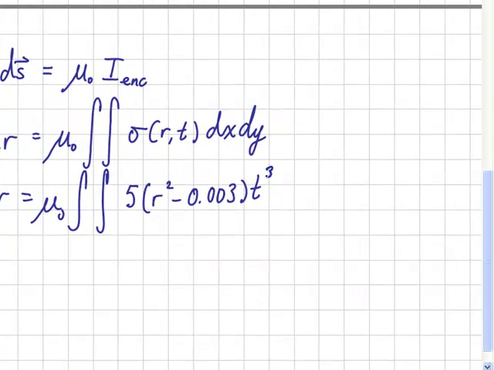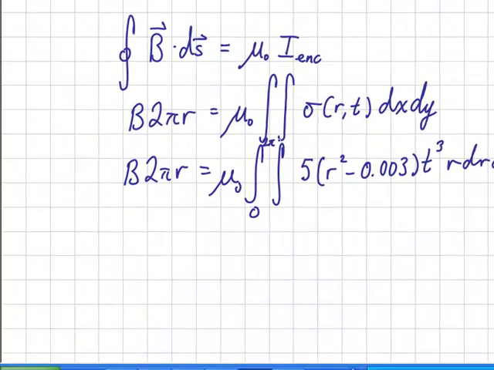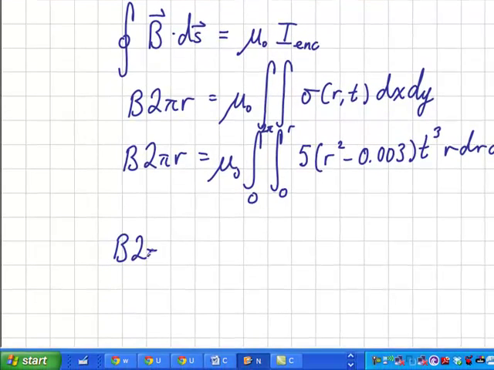And in polar coordinates, our dx dy turns into an r dr d theta. In the theta direction, we're going from 0 to 2 pi. And in the r direction, we're going from 0 to the radius of our Amperian loop. If we continue on a little bit more, I'm going to do this kind of backwards.